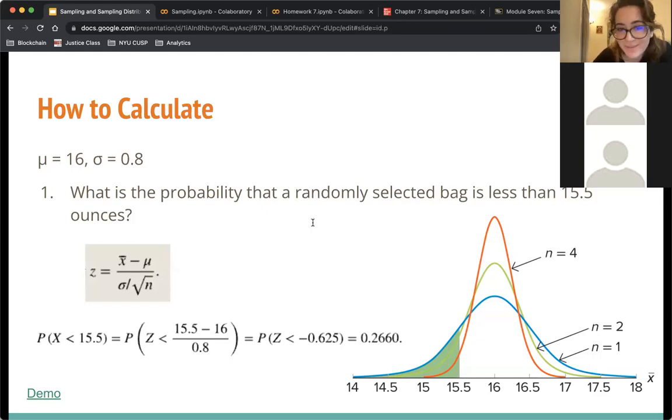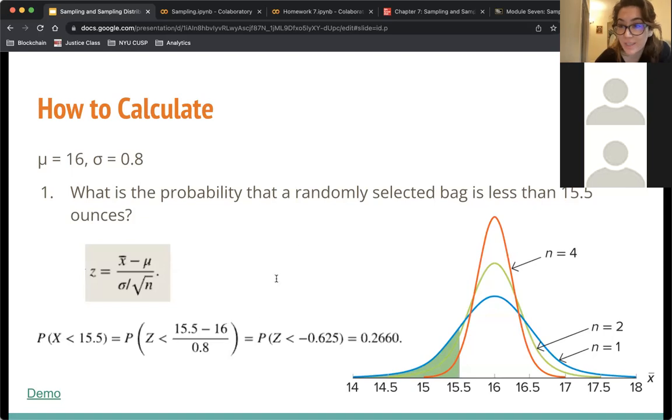Doing all this, we can say there's a 26.6% chance that your bag of Doritos is less than 15.5 ounces, just due to the variability in the manufacturing process. Now if we wanted to calculate this over a larger sample size, we would plug that value into n.